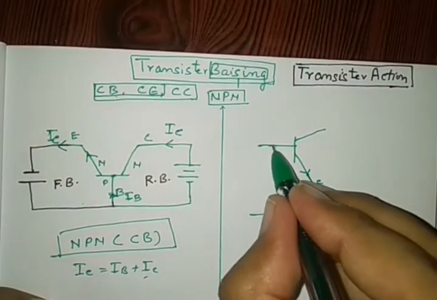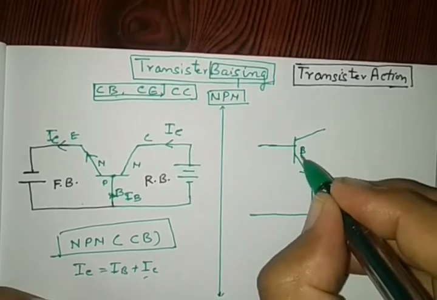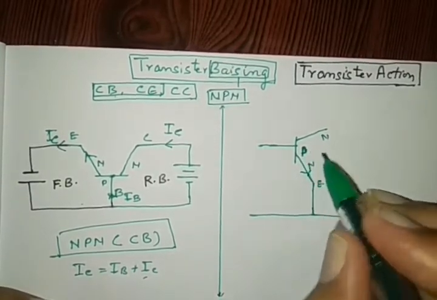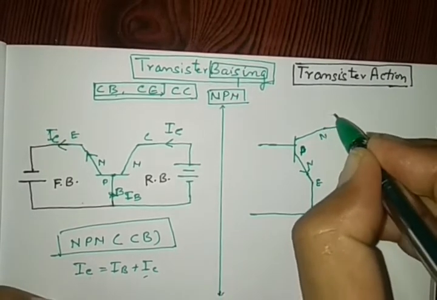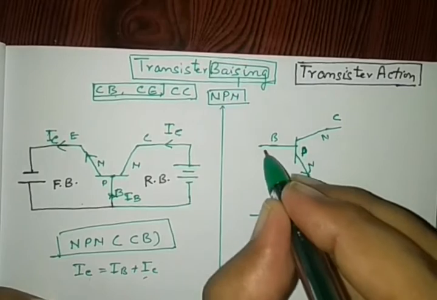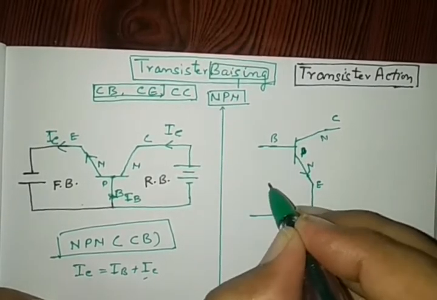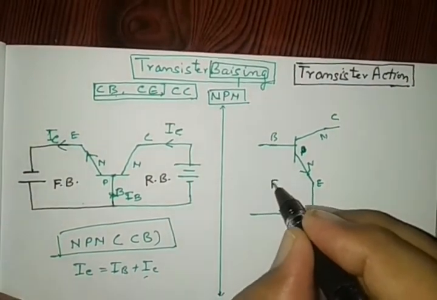This is the collector, N, P, N transistor. So this is the emitter, this is the collector, this is the base. This input circuit is always under forward bias.